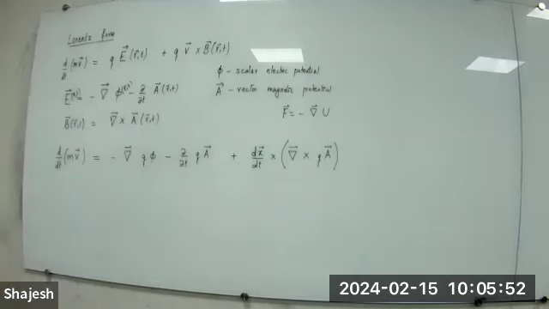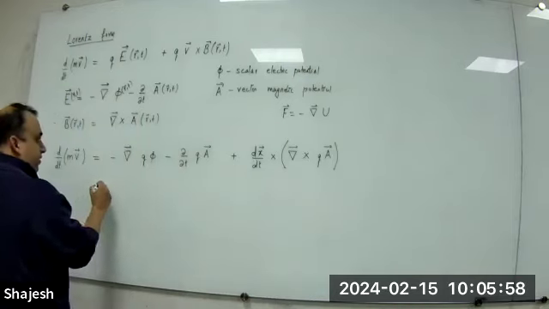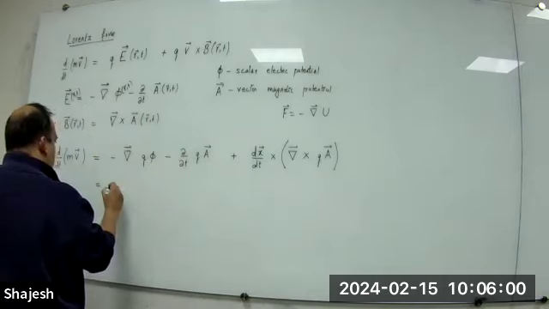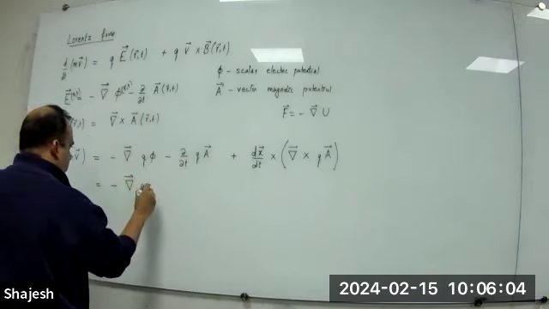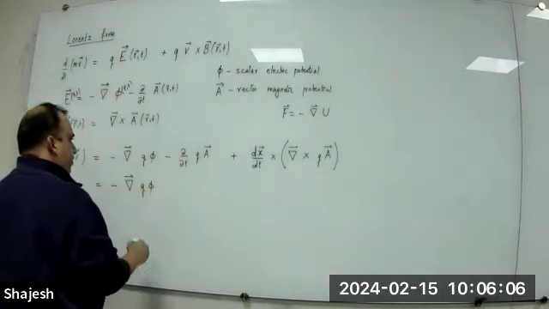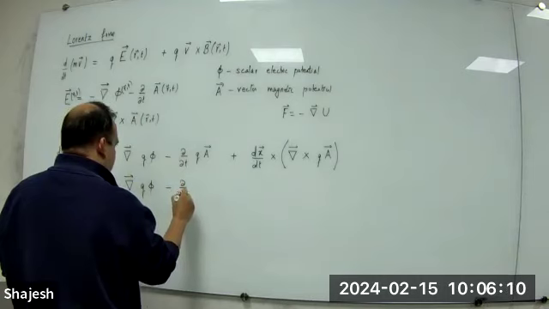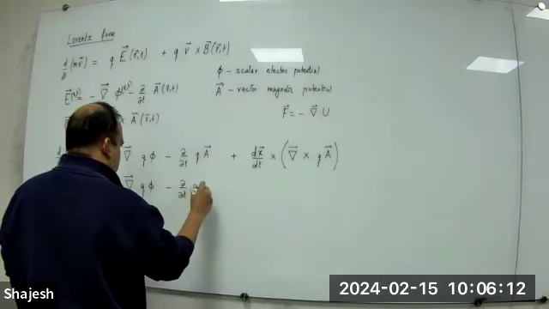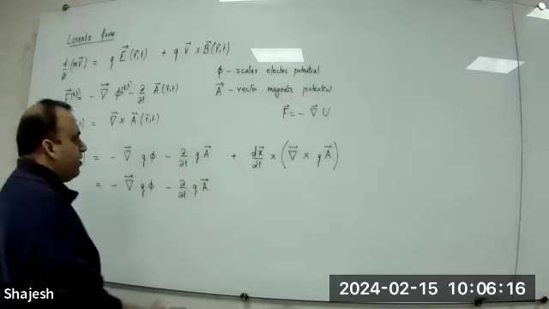So we exploit our vector properties and expand that curl out. You have gradient of q times A, that's good, and this is minus a partial derivative. It's not clear what we want to do with this partial derivative in time at this stage.